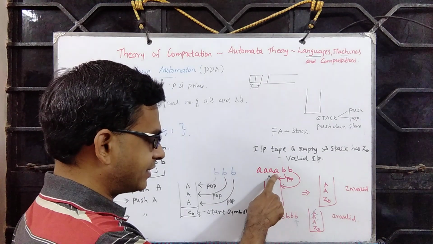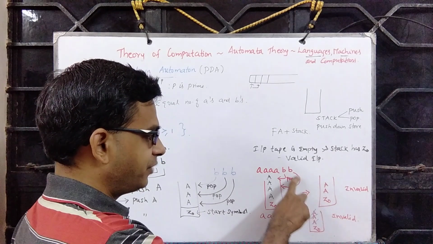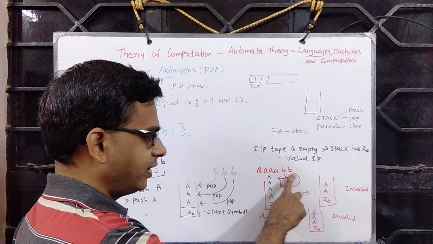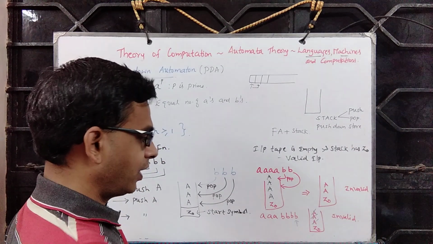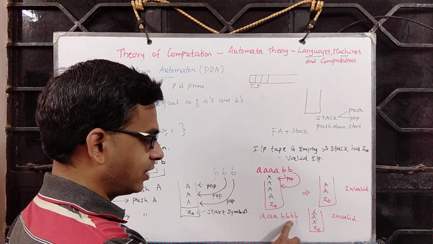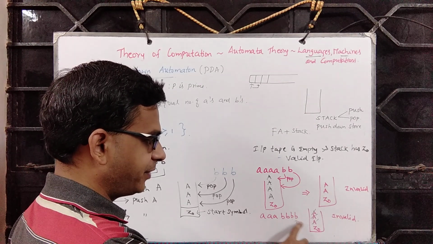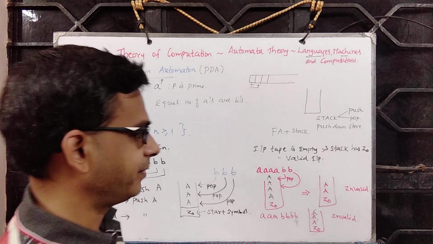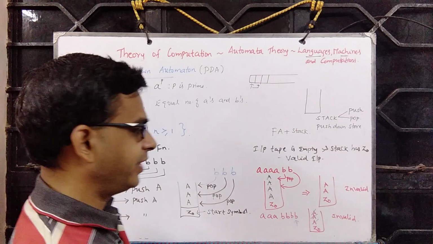If you find excess A's, then when you stop, you will see that the input tape is empty, but the stack contains a couple more A's. And in the case where the number of B's is more, you see that the input tape is not empty, however the stack is empty. Okay, so these two are invalid.